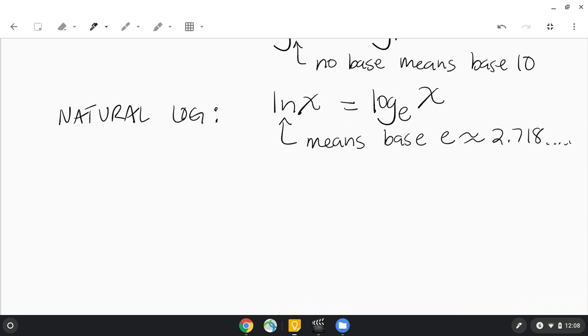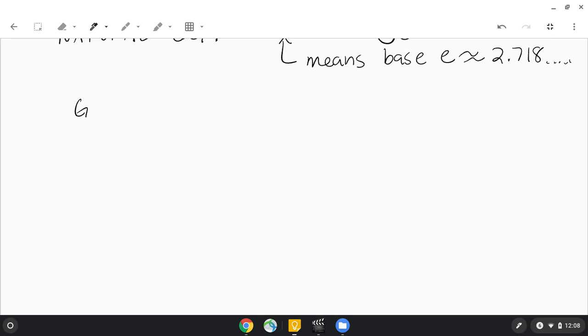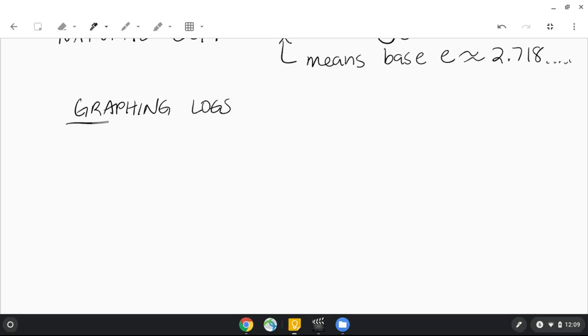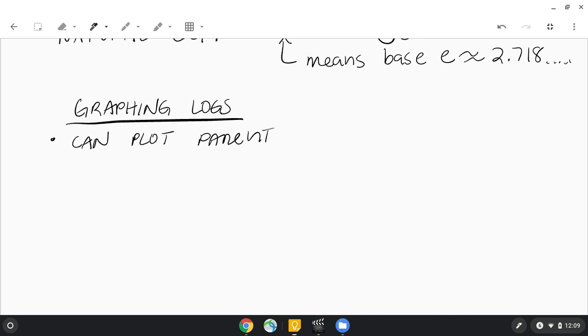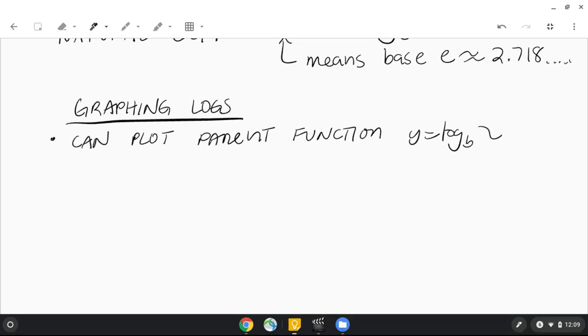All right, so let's take a look at graphing. There's different ways to go about this. You can plot the parent function, y equals log whatever base they're using, then shift. All the shifting is, again, still the same, those transformations.